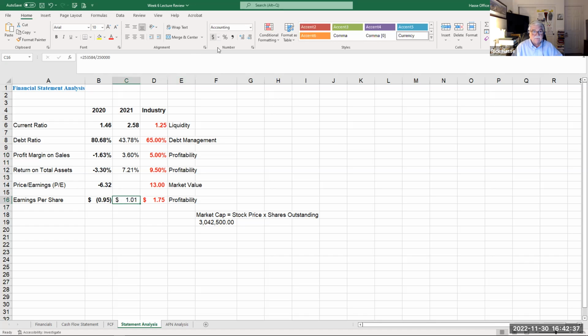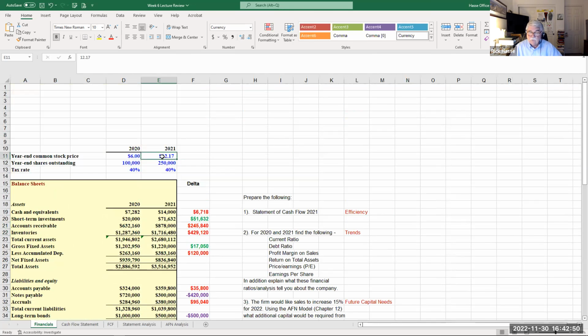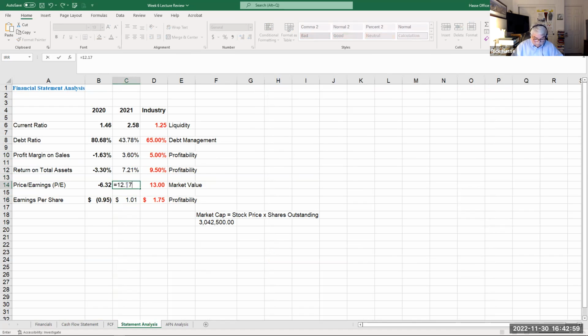Let's make that into dollars. $1 and a penny earnings per share, which isn't bad. And then the financial statements tell us that the stock price on December 31st was $12.17 in the market. So our PE ratio is the relationship of that $12.17 divided by the earnings per share.